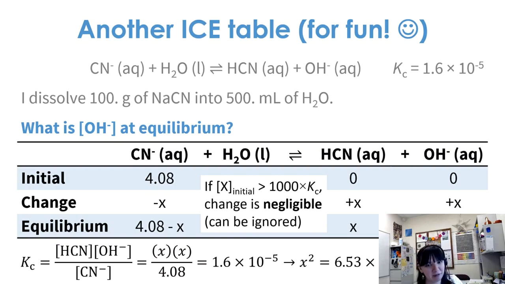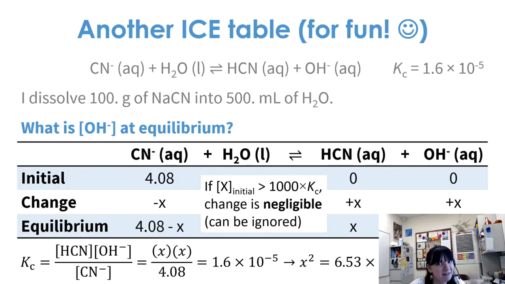Think through how minuscule this X is and how little it's going to change our cyanide concentration. If we start with 4.08 molar of the cyanide and subtract 0.0081, it's still basically 4.08, maybe 4.07 if we're rounding.